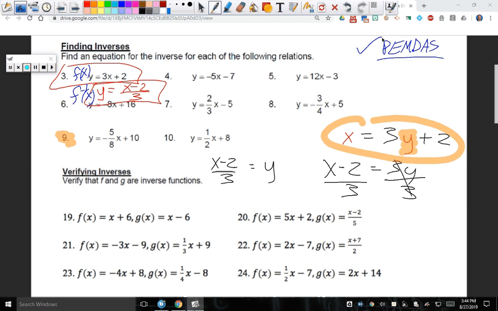Imagine in the very beginning, on my original problem, that your body is where x is, where I have it highlighted in blue. What would you do to that x value? Put your body where x is. What would be done to you first PEMDAS-wise if I were to list it out going forward?